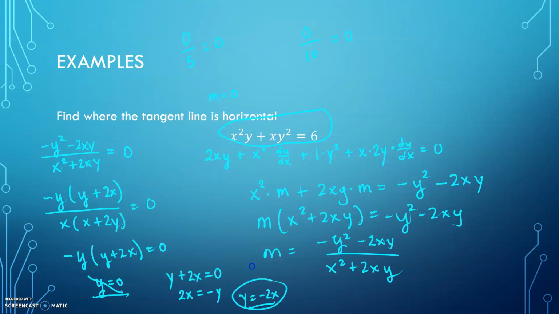So now I'm going to go and replace y with negative 2x. So x squared times negative 2x plus x times negative 2x squared is equal to 6. That'd be negative 2x cubed minus 4x cubed.